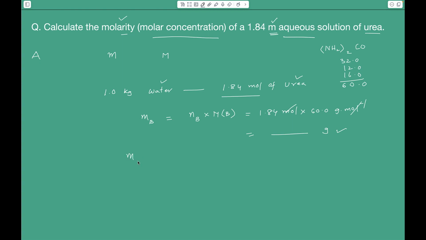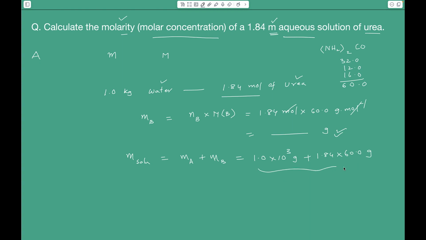Then what will be the mass of the solution that contains 1 kilogram of water and 1.84 moles of urea? It is nothing but the sum of the mass of the solvent and the mass of the solute, right? MA is 1 kilogram and in grams it would be 1.0 into 10 to the power of 3, plus it has 1.84 moles of urea or so many grams of urea, that is 1.84 times 60 grams of urea.